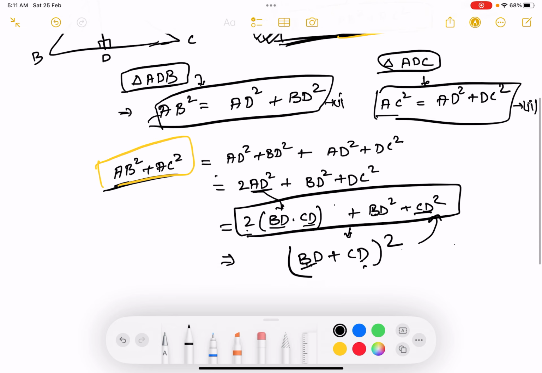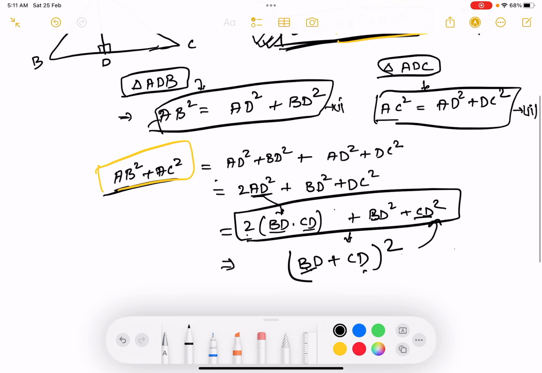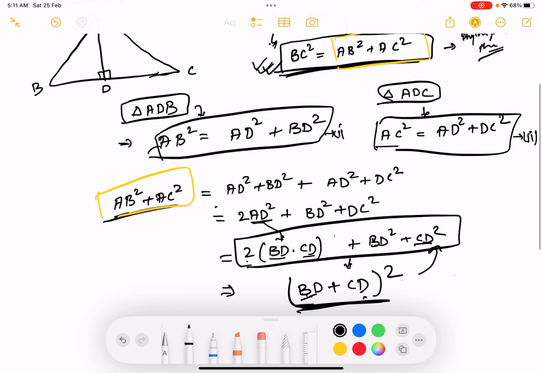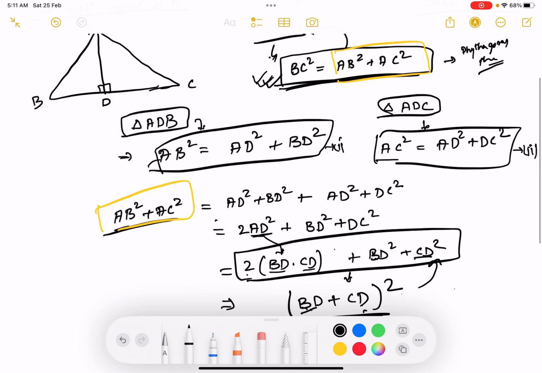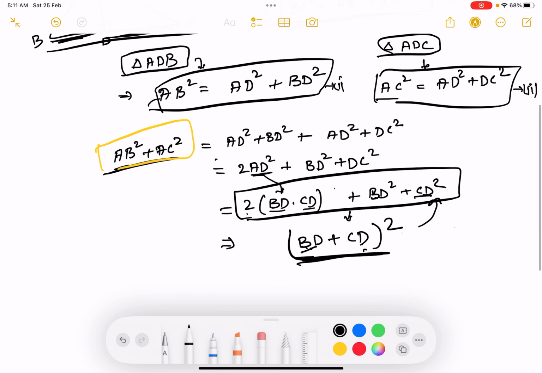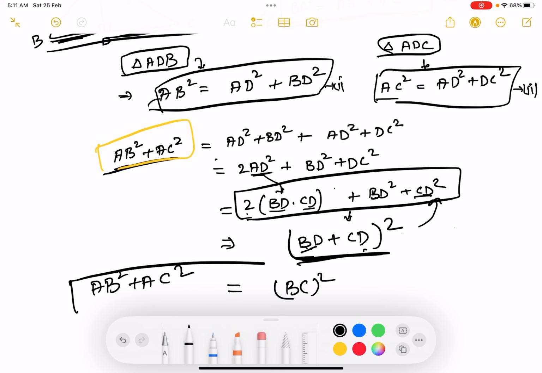And BD plus CD, if you look at our diagram, is BC. So we write BC whole square, and on the left side we have AB square plus AC square. Hence proved.